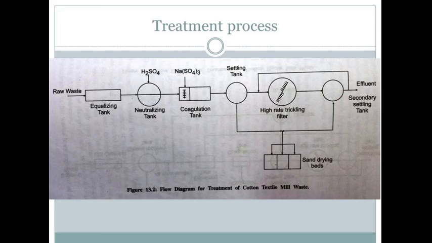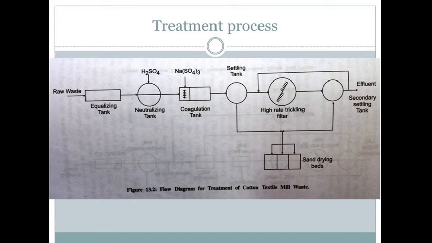The next one is the neutralization tank, which is used for neutralizing the pH. If the wastewater is acidic, we can add alkali, and if it is alkaline, then we can add acid. Here we add H2SO4 as it is alkaline wastewater, and then we maintain the pH.